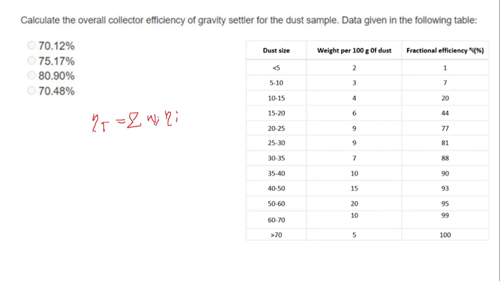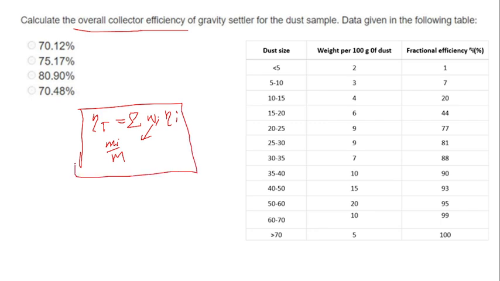So this is the weight fraction. This weight fraction is obtained by dividing the individual mass with the total mass. So I have to add all the weight fractions, and you have to multiply it with the respective fractional efficiency to arrive at the total collector efficiency. So this is the general formula.